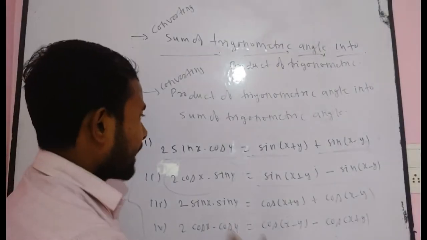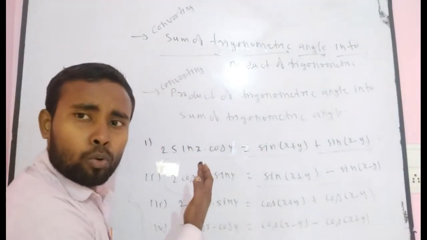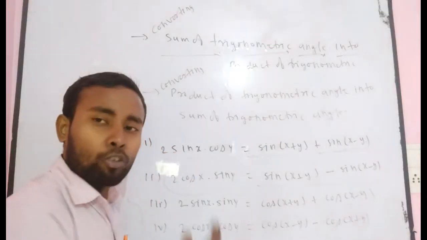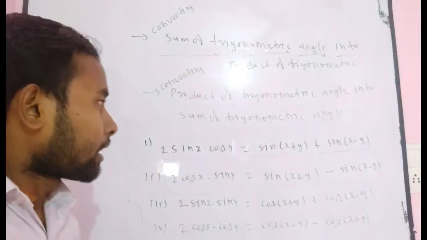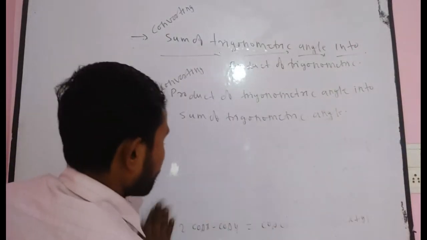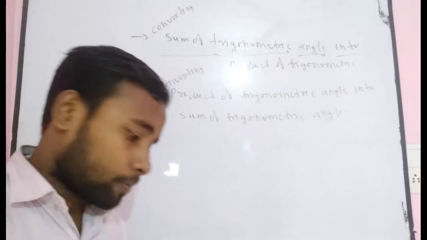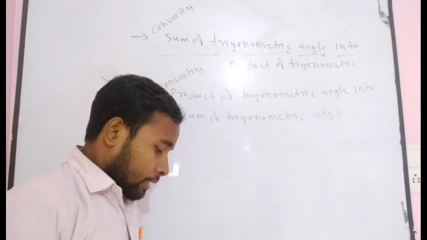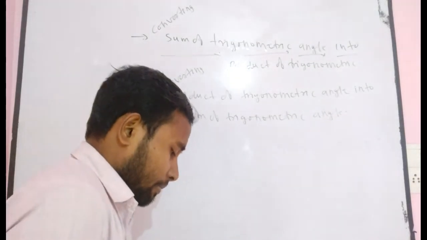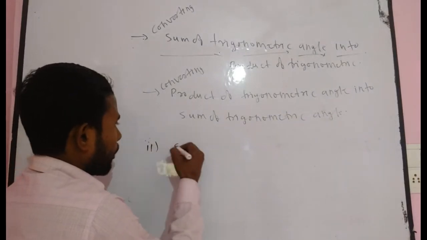Now we take the formulas which convert sum of angle into product of trigonometric function. Now I want to write those formulas. Second part, you have to write it.